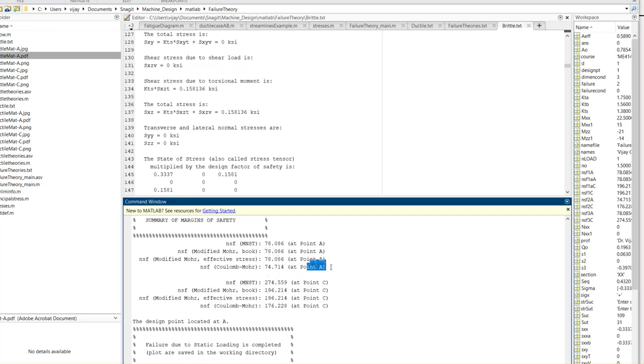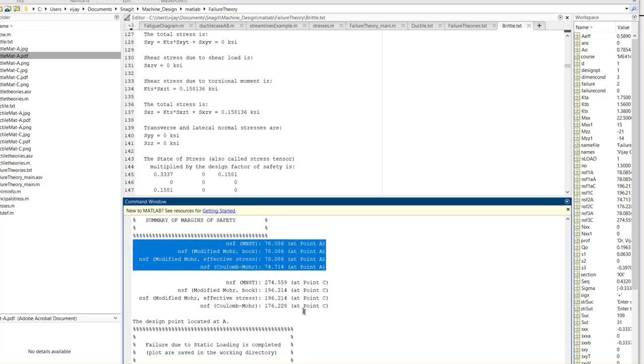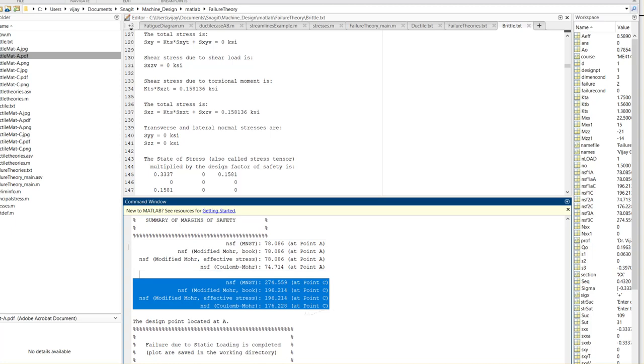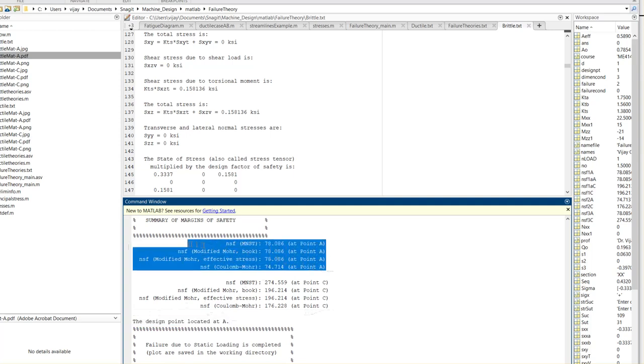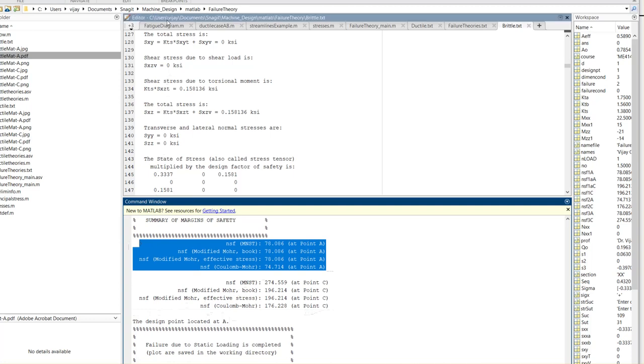The values are way smaller for point A than for point C. So definitely point A is my design point, my critical point, and those are the values I am going to choose. That's why your code, when you choose your loads, will always give you point A and point C together.